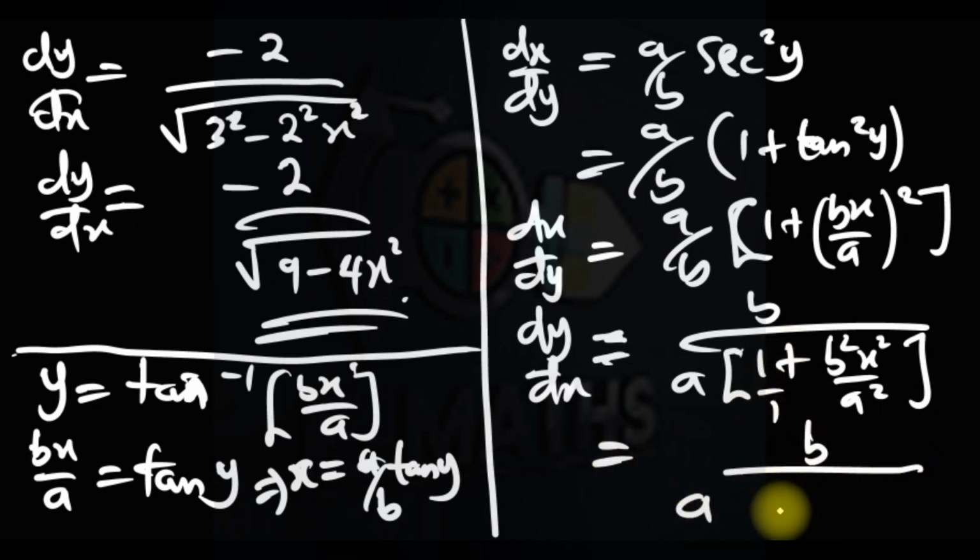So this is now b over a. The LCM here is a squared. So I have a squared plus b squared x squared. So which is equal to, okay, we now have that, this can cancel, so I have b over a squared plus b squared x squared over a, because 1 over a is gone.